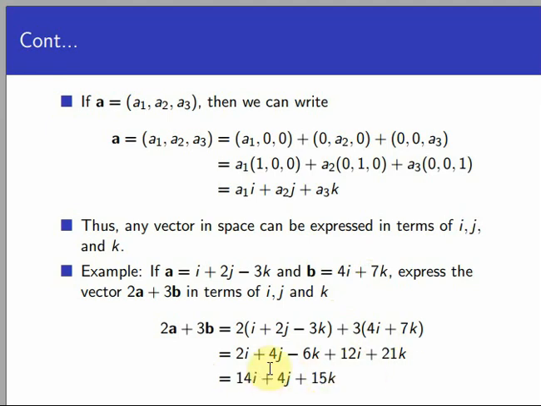Then collecting like terms we have 2i plus 12i, 4j, and minus 6k plus 21k gives us 15k, which gives us 2a plus 3b equal to this.